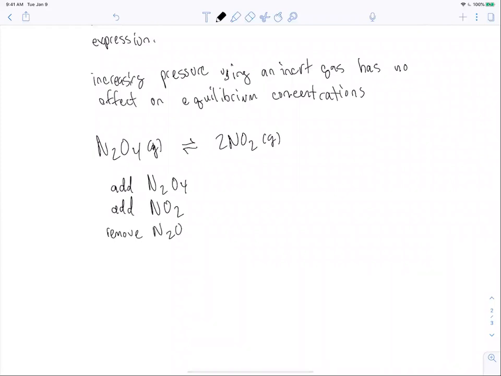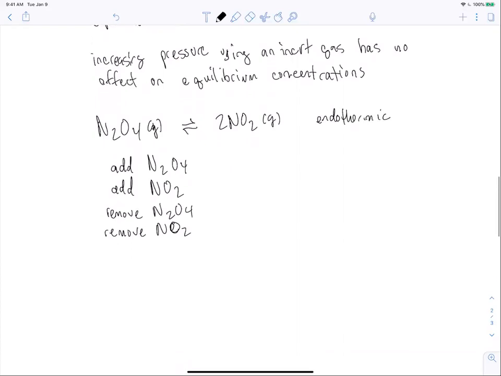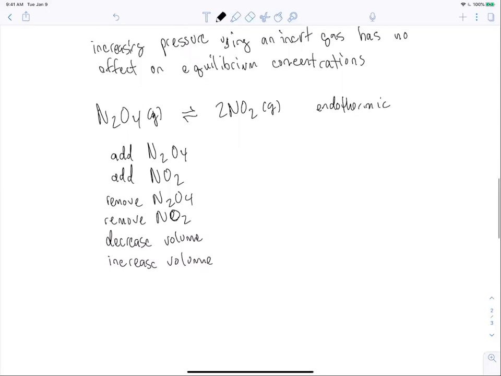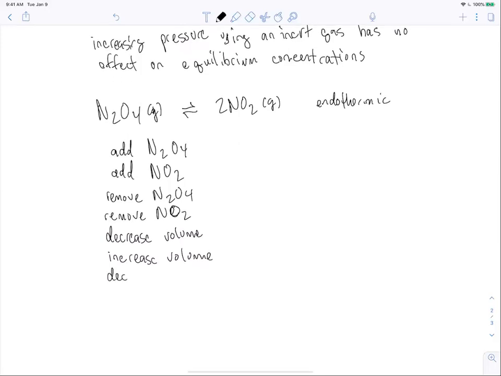You could remove N2O4. We'll write over here that this is endothermic. You could remove NO2. We could decrease the volume, increase the volume. We could decrease the temperature, or increase the temperature.